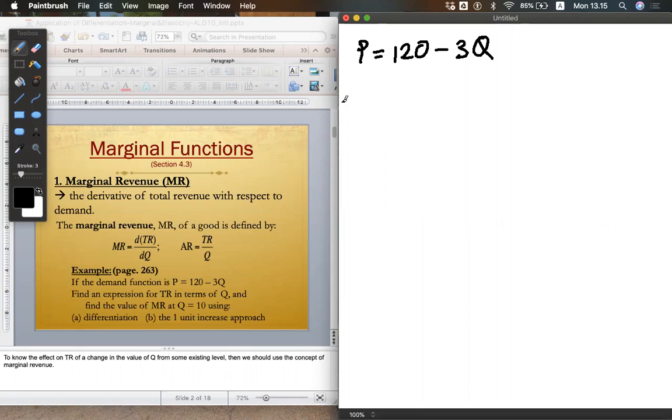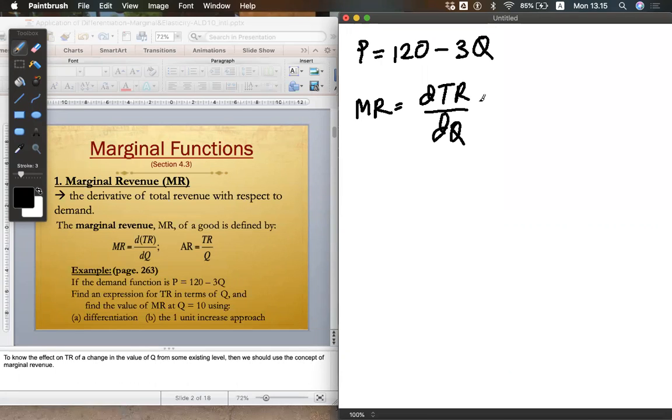But in this case, if you are asked to find the value of MR, marginal revenue, at Q, we know that we need to find the TR first, because MR equals dTR by dQ.